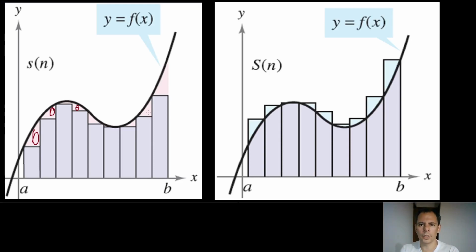It doesn't matter how small it is, it's going to get smaller to approach zero even more. And the number of rectangles is just going to grow larger and larger, infinitely large. As these things happen, both the left endpoint and the right endpoint are going to reach the true area under the graph. Okay, that's the idea.